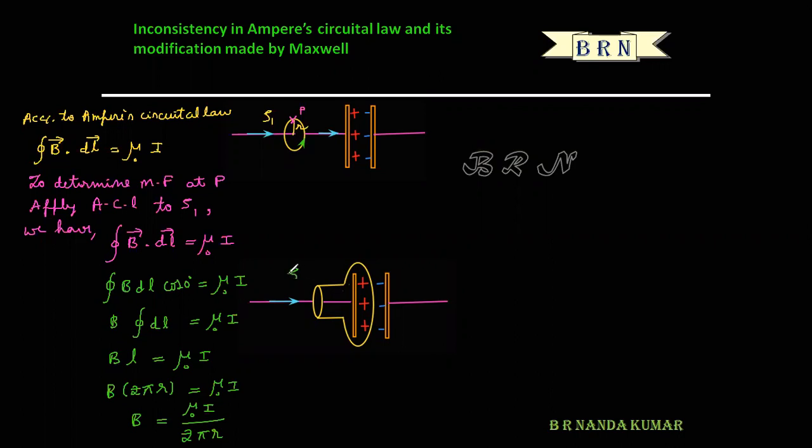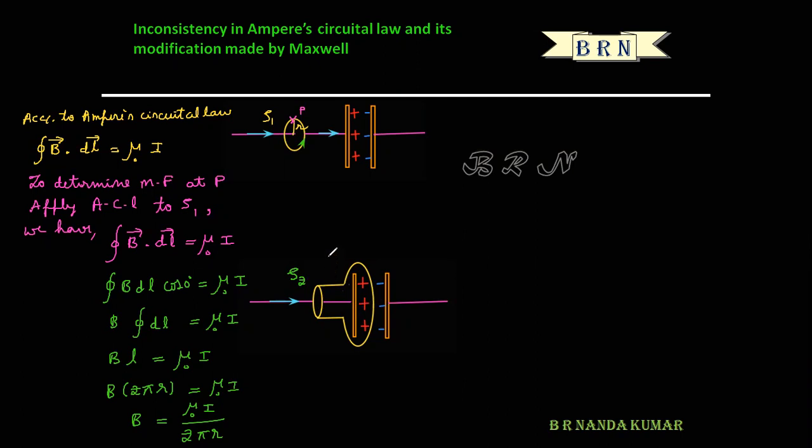Let's consider that as S2. S2 is a pot shaped surface without lid, and its bottom is between the plates, which does not touch the current.